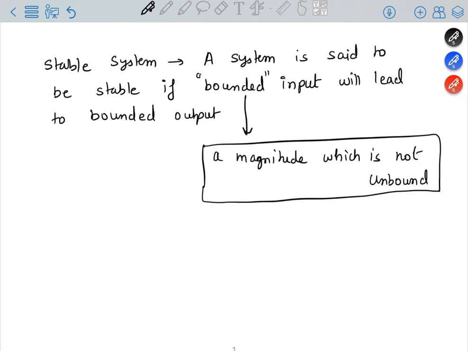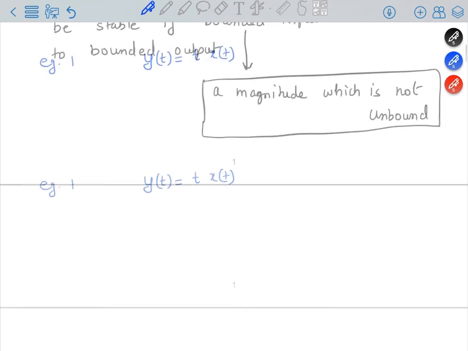Let's take some examples to understand this concept better. In example 1, we take a system whose relationship is given by y(t) = t x(t).